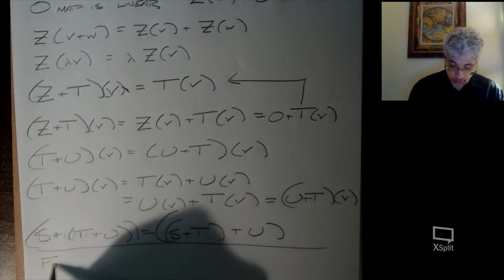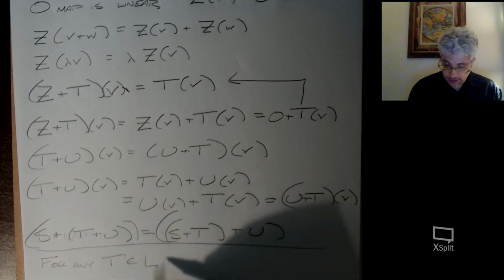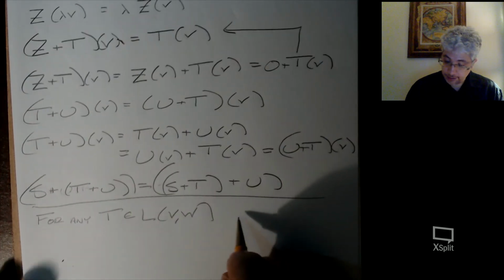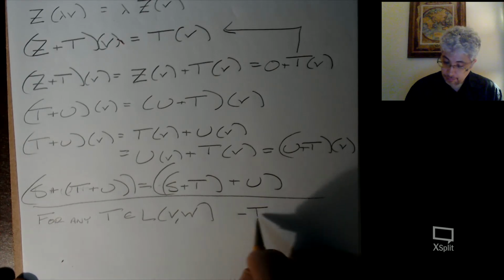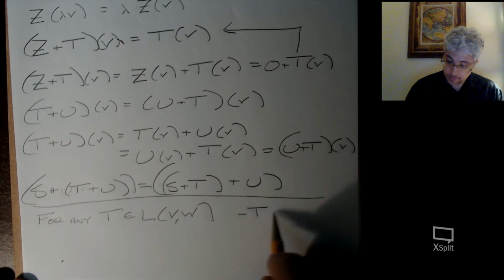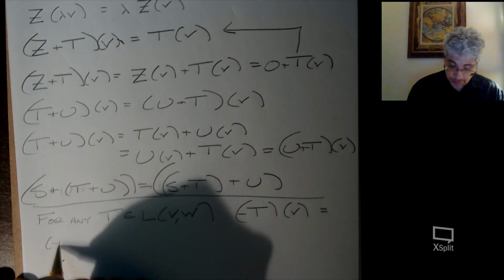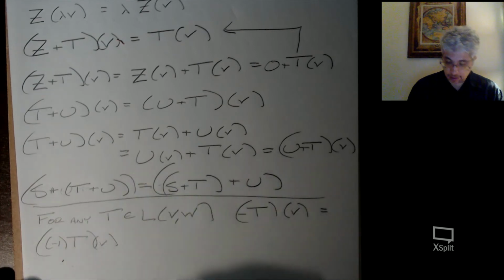Well, for any T, which is linear from V to W, I can find this, which is just going to be that map.